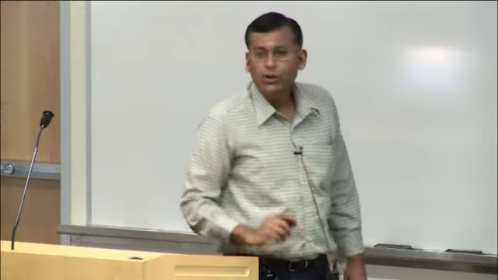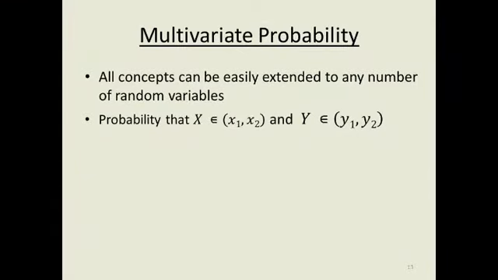Now so far we have talked about just the distributions, the probability distributions, random variables of just one dimension. But technically all these concepts can be easily extended to multiple random variables. So for example, you can ask the question, what is the probability that the random variable x takes a value between x1 and x2, and another random variable y takes the value between y1 and y2.